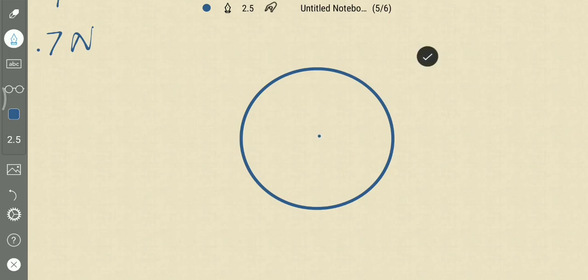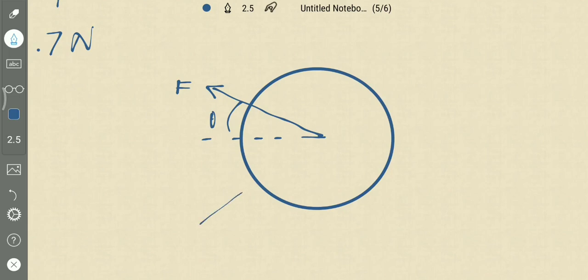This is the center. Suppose there is a force F, which is acting at an angle theta to the horizontal, and there is reaction R which passes through the center, and there is weight 2000 newtons.